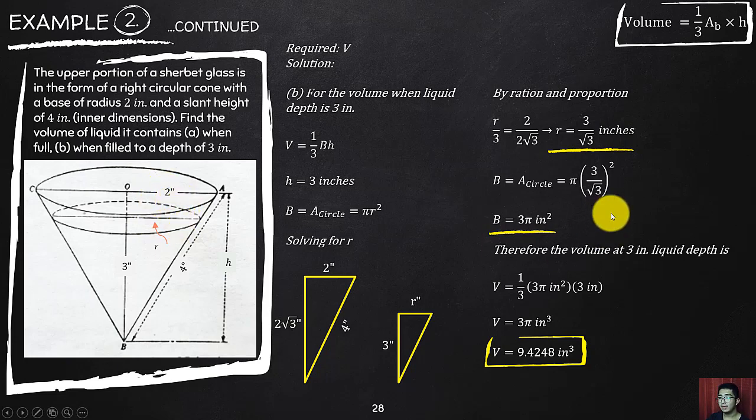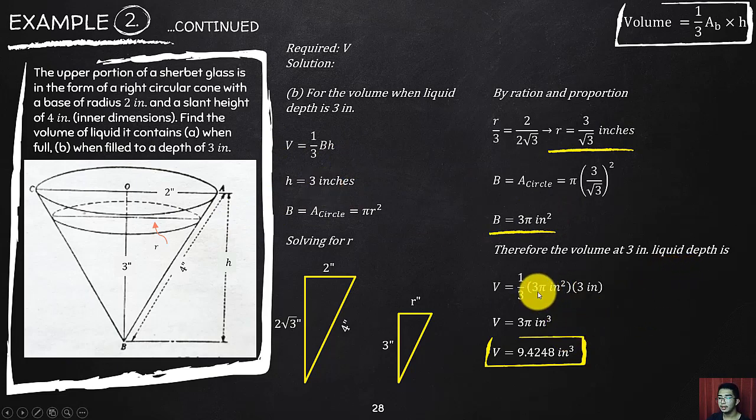Okay. When we have our radius, we can now solve for the area of the base, which is 3 pi square inches, using the formula pi r squared, correct? Because this is in fact still a circle. With the area of the base of the cone as 3 pi square inches and its height of 3 inches, we can now solve again for the volume, this time only at 3 inches of liquid depth.